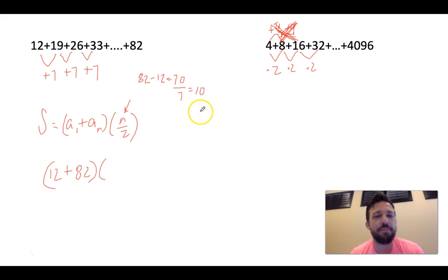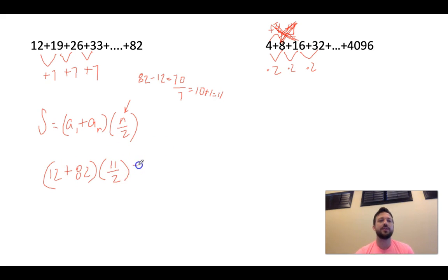A lot of people are going to think, okay, then there's 10 terms. But that ignores that this was one of the terms, because it goes like counting 1, 2, 3, 4, all the way to 10, but it's ignoring this one. So you got to make sure that you add 1 to this. That's what I was talking about on the previous slide. So it's actually 11 terms divided by 2.